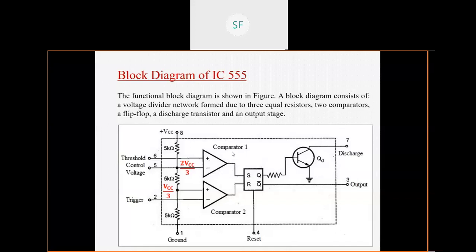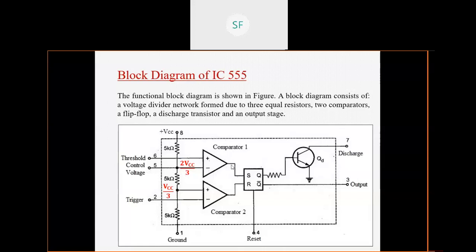The output of comparator 1 is connected to S. We will see what is S and what is R and what is this rectangle. Alright. So we are just observing this particular block diagram. What we have observed is that the non-inverting terminal of comparator 1 is the threshold pin, and the inverting pin of comparator 1 is the control voltage pin, set to 2 by 3 VCC.